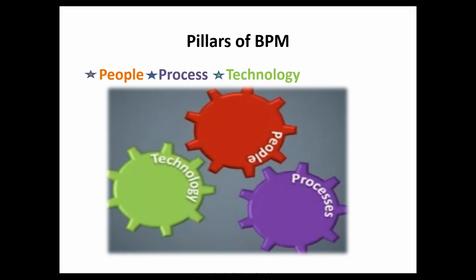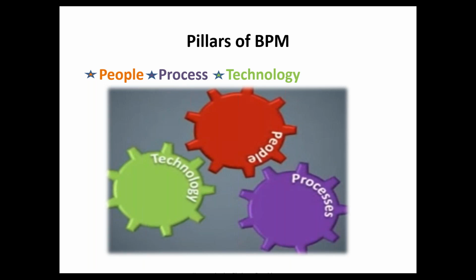Then you come to technology. For every process centric approach, you need a BPM technology. That is the right fit. You may have a Java or .NET application or any programming application, but for process centric defined steps, I am repeating, you need a BPM technology.